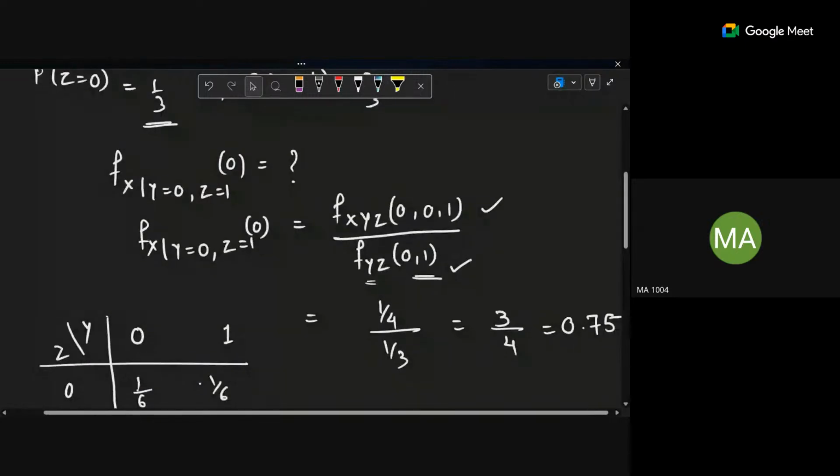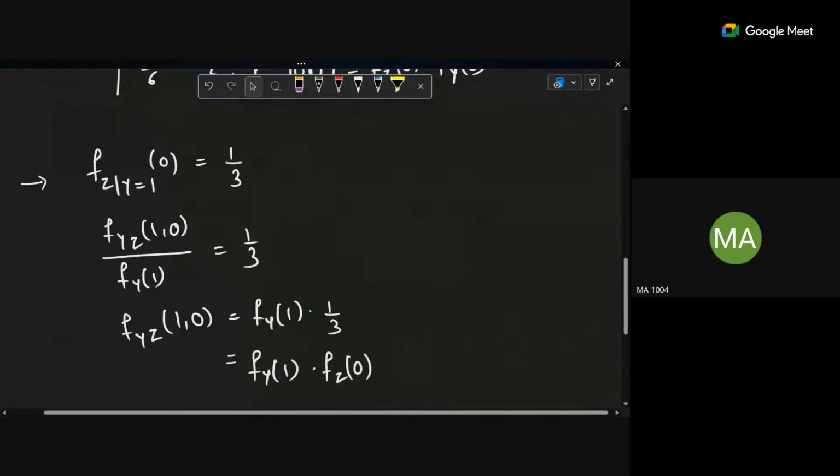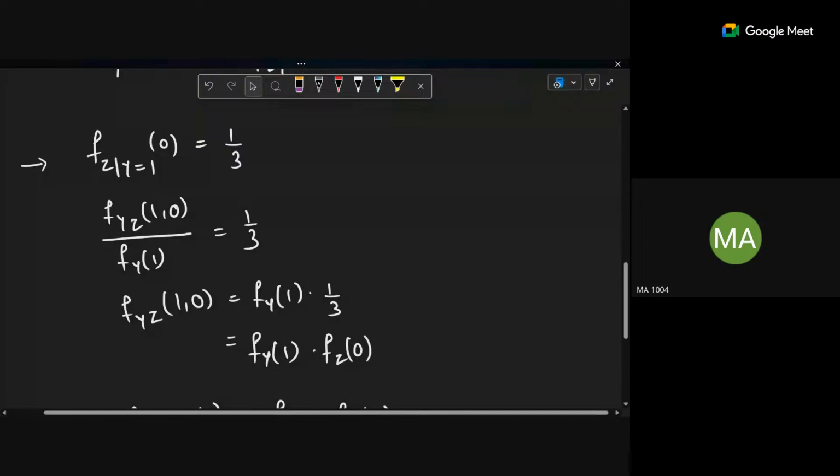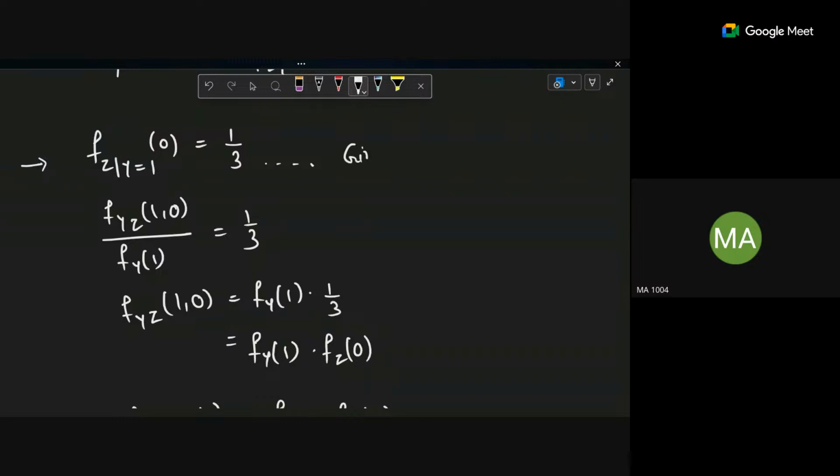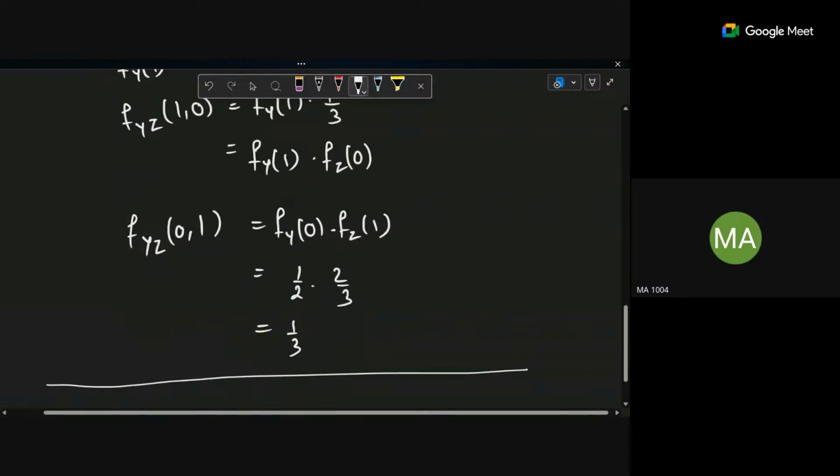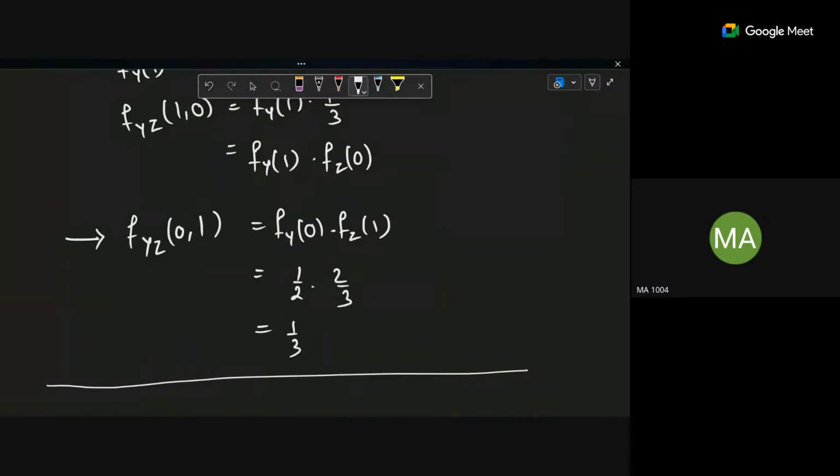You want fyz at 0, 1, so just take the given information. Z at y is equal to 1. This part was given. From this part, you got to know that y and z are independent. So you went for fyz at the point 0, 1, which is just a multiplication of fy at 0 into fz of 1. So you multiplied the things and 1 by 3 came here.